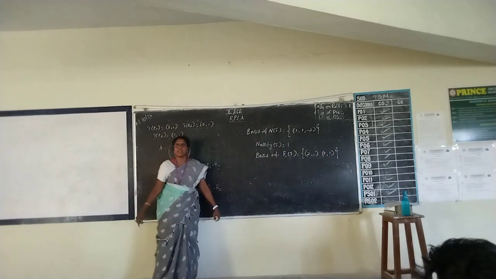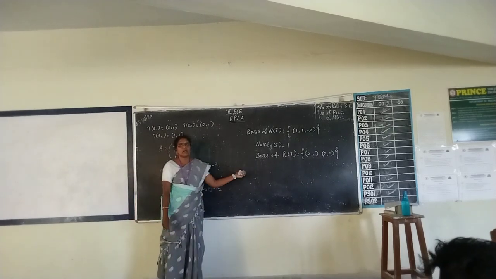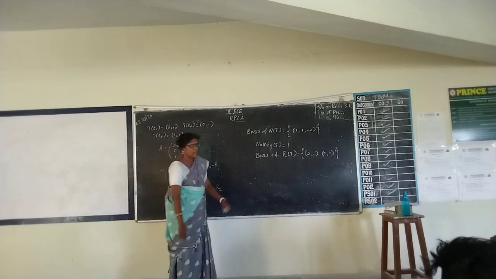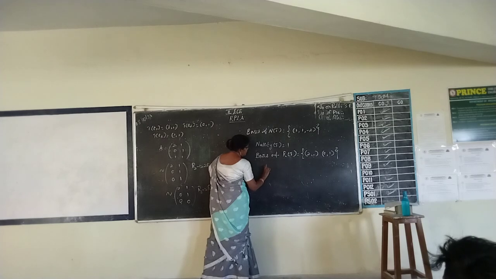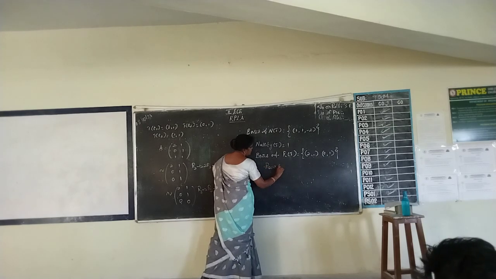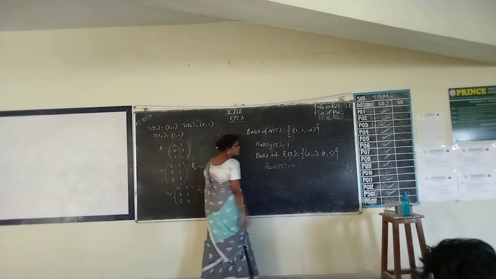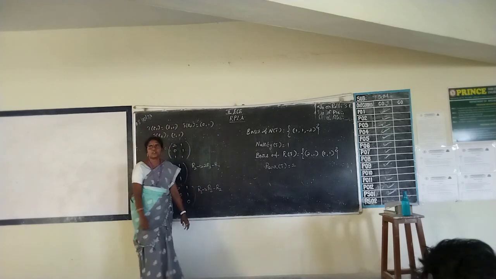So how many elements are there? 2. So what is that? Rank. So right. Therefore, rank of T is equal to 2.